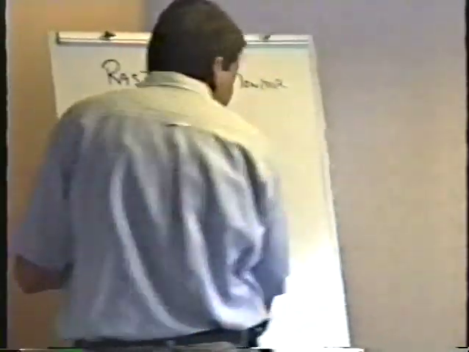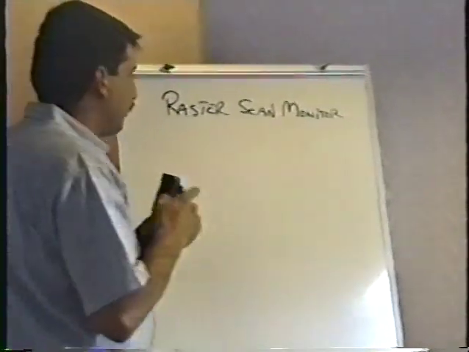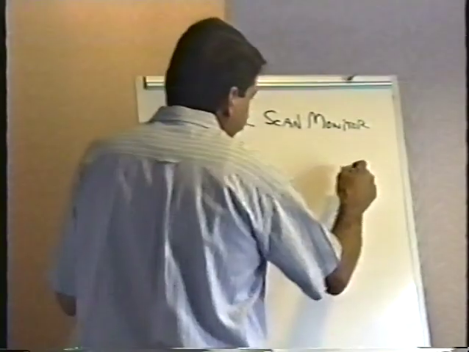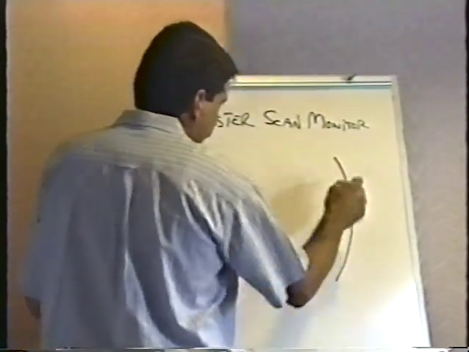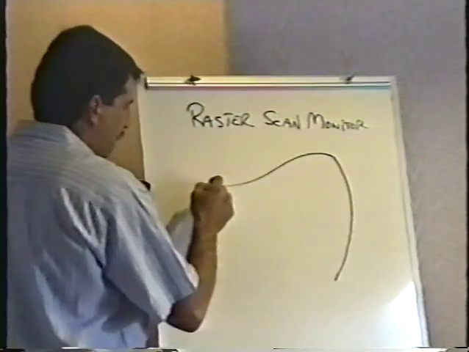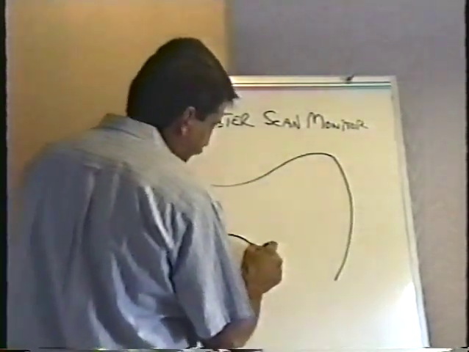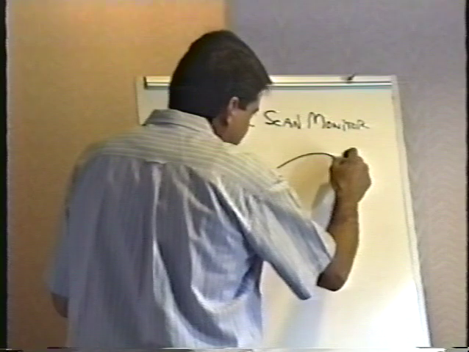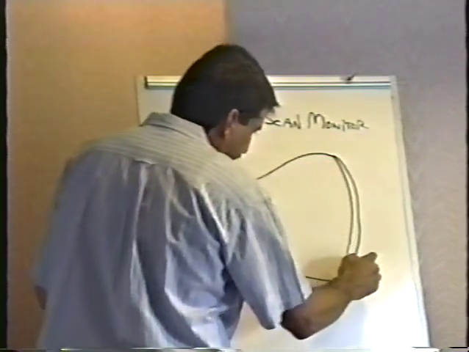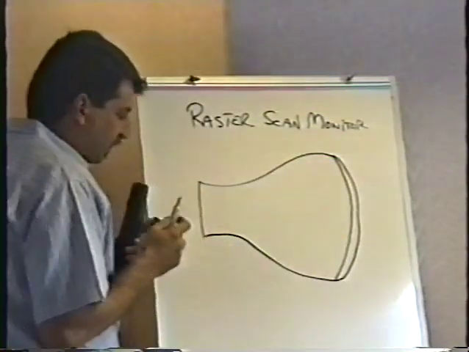The first thing we want to do is take a look at how the monitor is put together. Let's take a look at the picture tube. The monitor has this picture tube on here, and it's made out of glass, of course, and has this very thick glass front in it.